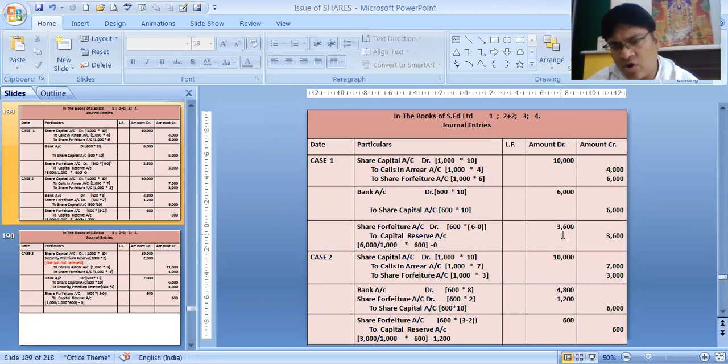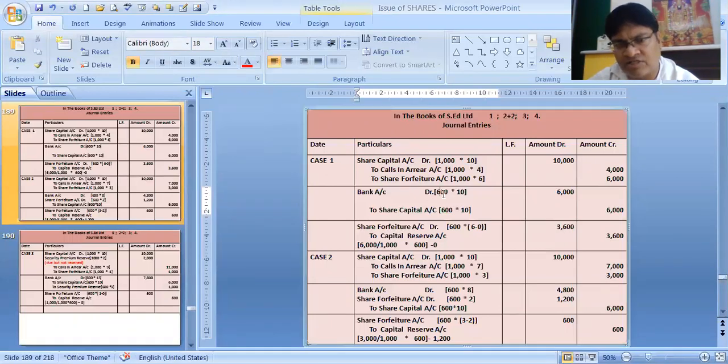The entire money has not gone from the share forfeiture to capital reserve. Why? Because we have not reissued the entire number of shares. This is the very important part of this sum. We have reissued only 600 out of 1,000 shares. So our formula: share forfeiture credit 6,000 divided by the total number of shares forfeited, 1,000, into 600, the number of shares which we have reissued.